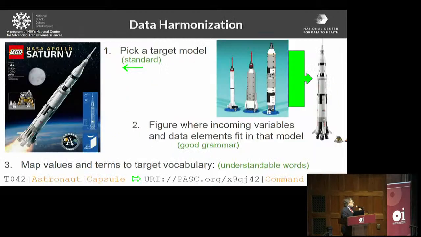So keeping the Lego motif here, the whole goal in my mind of efficient use of data is that it can ultimately be harmonized. It's a non-trivial task. I'm not saying it's just add water and harmonization happens. But the trick, if there is a trick, is to pick a standard model. And in this scenario, we have the Saturn V, the most mature of the previous generation of American rockets.